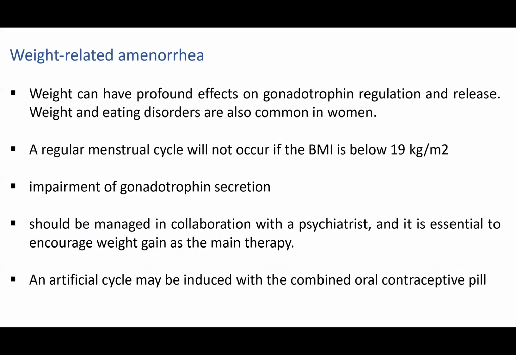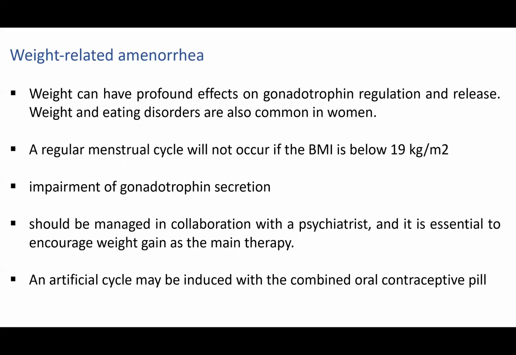Weight-related amenorrhea: where a patient loses too much weight, for example in a case of anorexia nervosa, she won't have menstrual cycles below a BMI of 19. Sometimes a patient may diet too much. She will have a severe diet, for example, before marriage in order to prepare herself for a new life, and she will find that her cycles have stopped after losing too much weight.